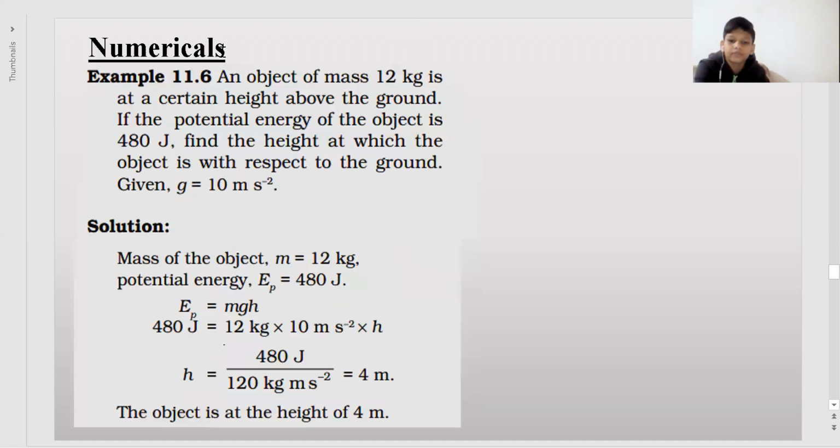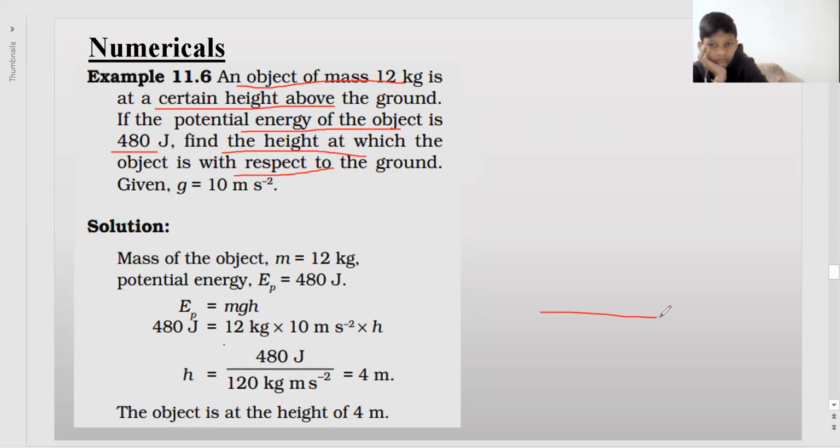Now a bit more difficult one. See the second numerical. An object of mass 12 kg is at a certain height above the ground. If the potential energy of the object is 480 joule, find the height at which the object is with respect to the ground.